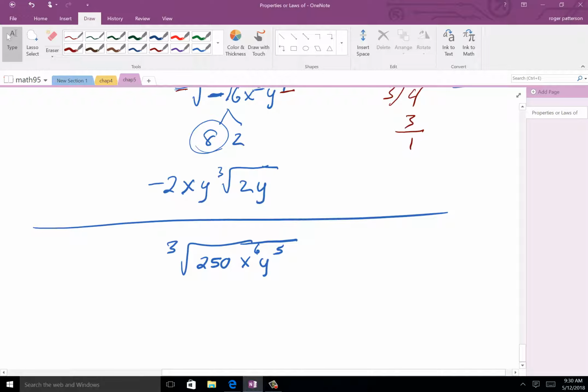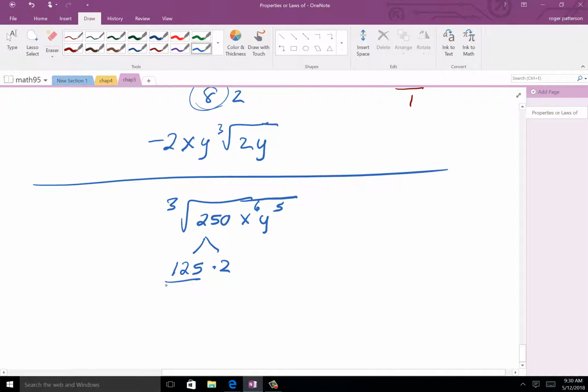So I have to find the largest cube that goes into 250. Did we find one? 125 goes in there how many times? Twice. Good. So the cube root of 125, what's that equal to? 5. That pops on the outside. Cube root. 2's left over.